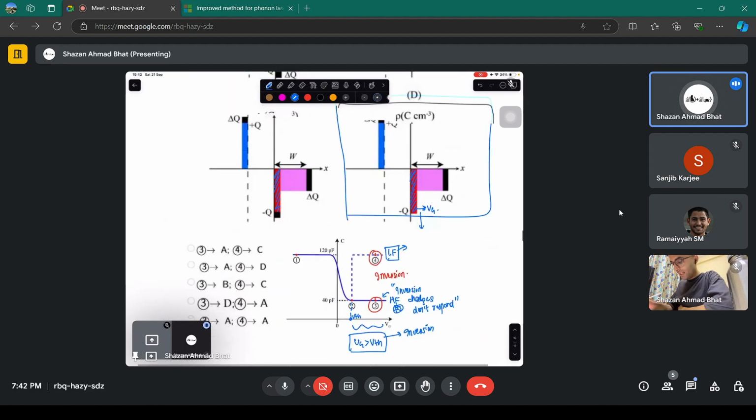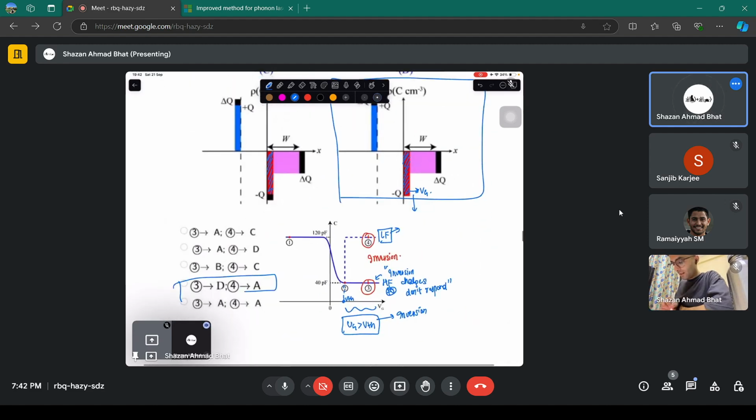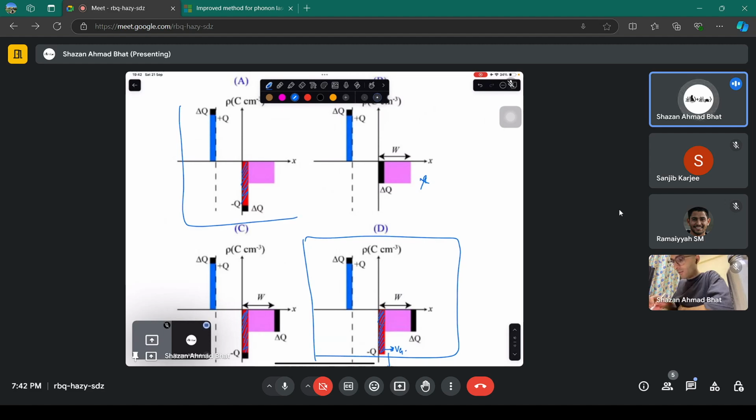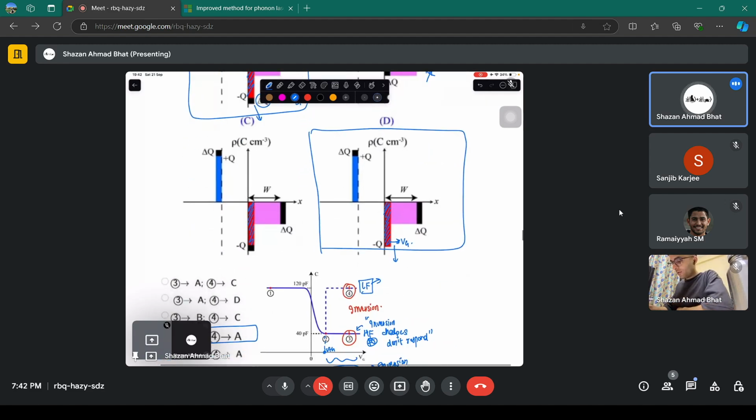Under low frequency, you have a scenario which looks something like this: more response from the electrons, increased by a small signal amount. This is because of small signal, low frequency. All right.